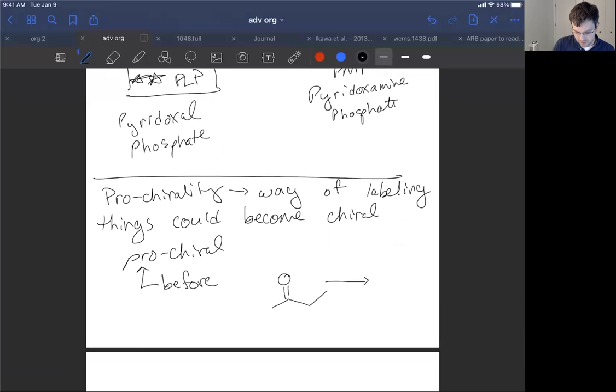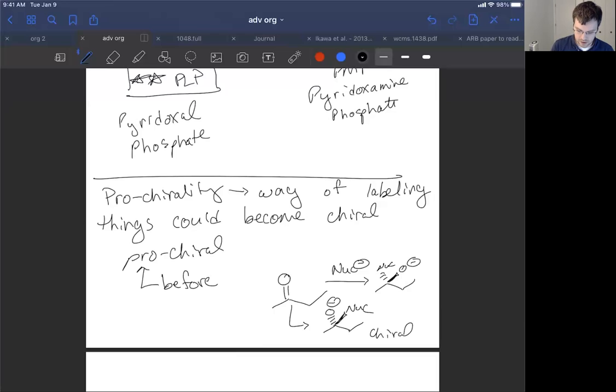So if we add some sort of nucleophile, we could form a product where the nucleophile is in the back, or a product where the nucleophile is in the front. And both of these are chiral.